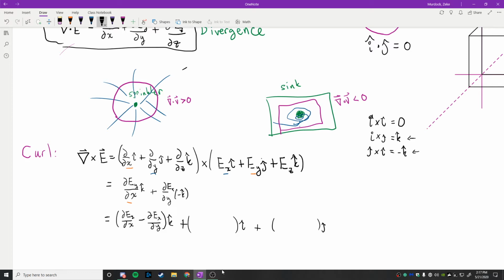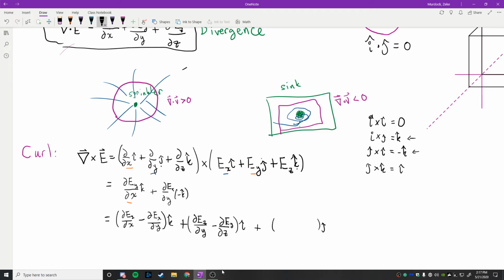The i hat term is going to come from the fact that j cross k, you should be able to prove that that's equal to positive i. So if I look for my j cross k term, that's going to be this term crossed with this term. That term is basically del Ez del y. And then we look at the k cross j term, the opposite, which would be minus, because this will be del z of Ey.